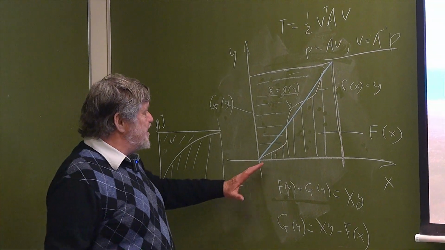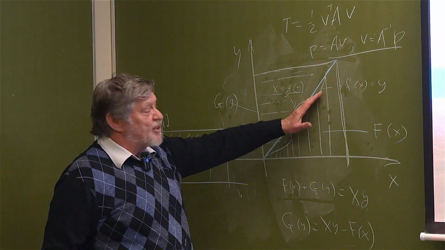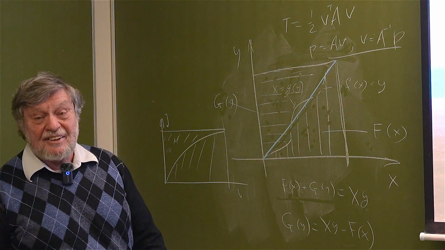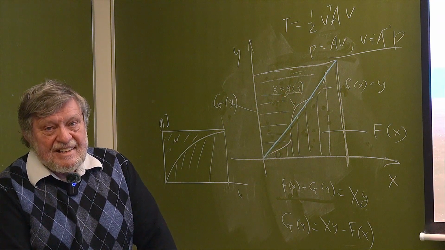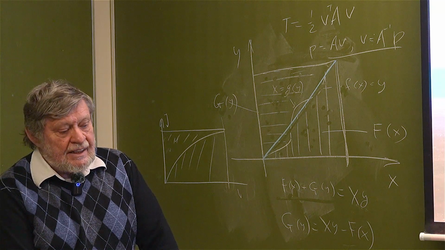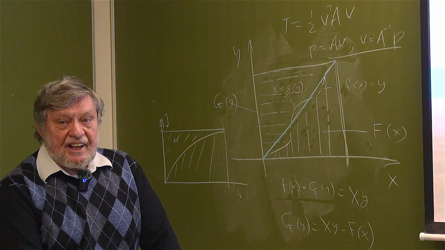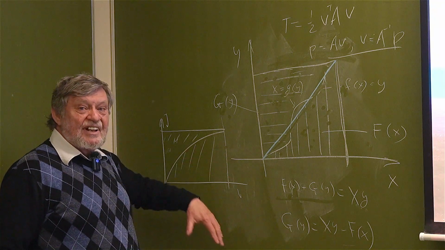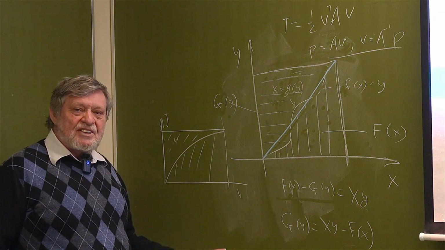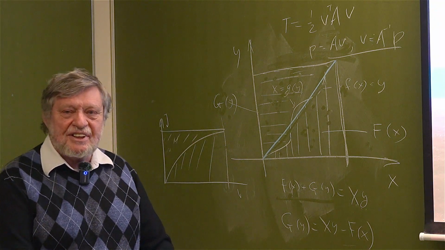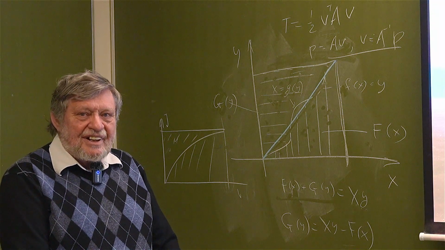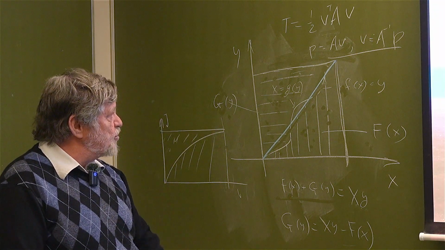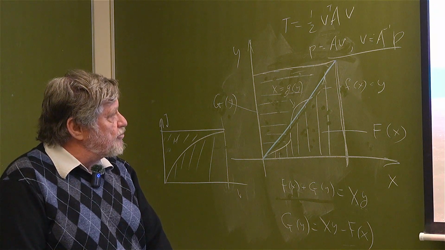If the relations are linear, then we're talking about upper and lower triangles, which have the same areas. In continuum mechanics, it's not the case. It's nonlinear continuum mechanics. We always look at this energy. It's not linear. Complementary energy is not equal to the original energy, and that's different from dynamics.